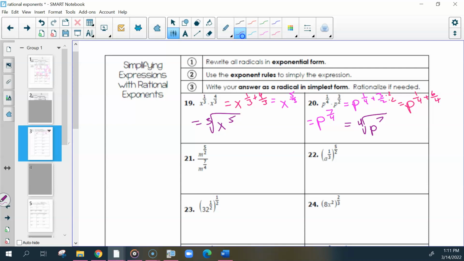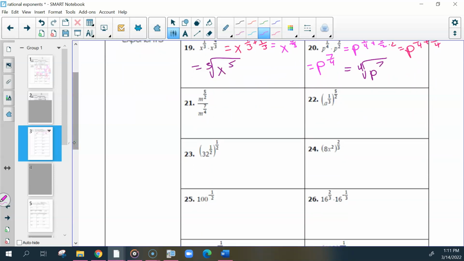Okay, now let's try some dividing ones. We are dividing the same base, so we can subtract the exponents. Again, our fractions are not the same, so we have to make them the same.